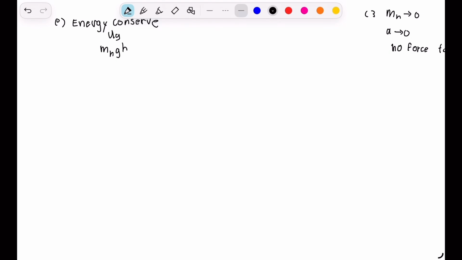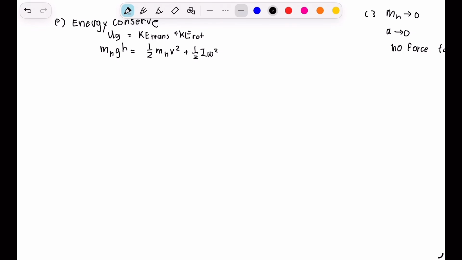This is just our UG, is equal to our kinetic energy that is translational, plus our kinetic energy rotational. Now, translational is 1/2 mass hanging times velocity squared, and rotational is 1/2 moment of inertia times omega squared.